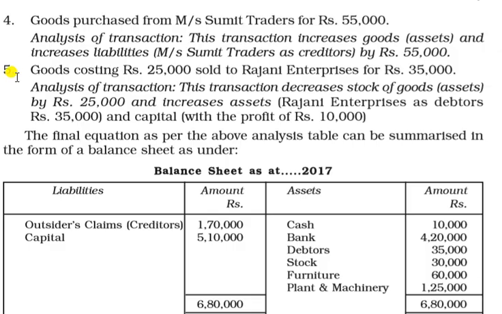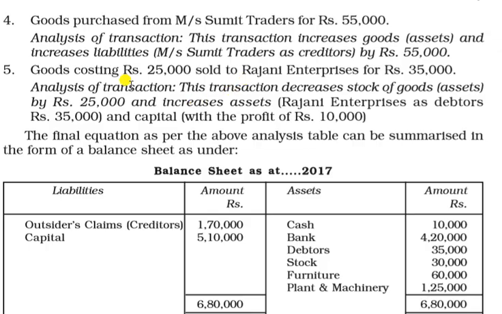Then the next transaction: goods costing rupees 25,000 are sold to Rajani Enterprises for rupees 35,000. In this transaction, goods costing rupees 25,000 means the actual value of stock is 25,000, sold to Rajani Enterprises. When the firm sells goods to another entity and the payment is not made, they are known as debtors.